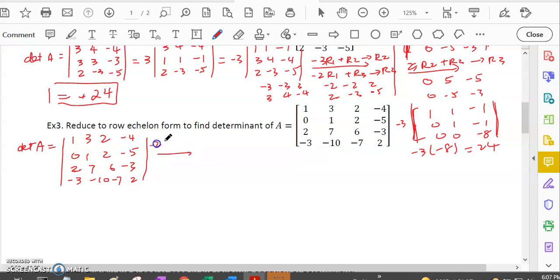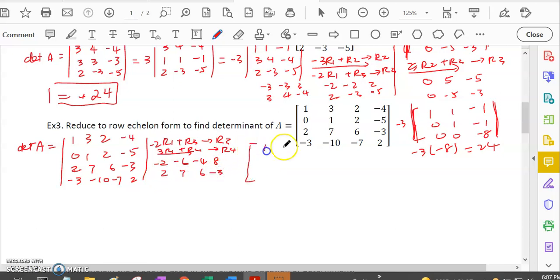So negative 2 of R1 plus R3 put into R3, and also 3R1 plus R4 put into R4. So write on the scrap paper here: negative 2, negative 6, negative 4, and 8. Add to 2, 7, 6, negative 3.